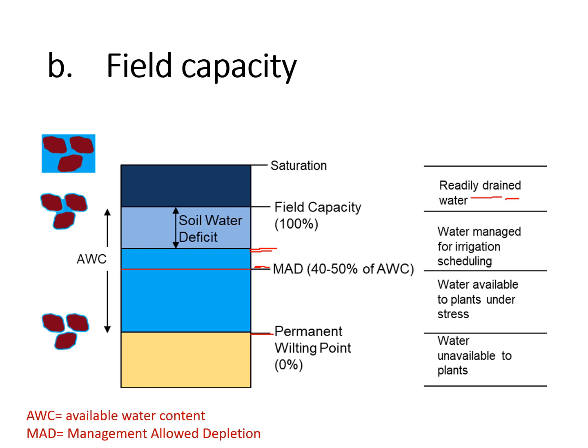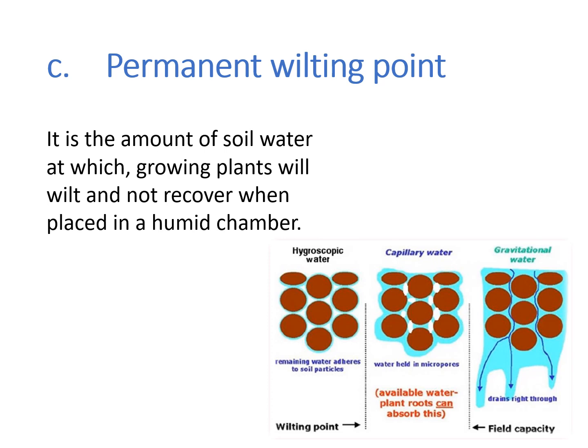Here I want to just mention in this slide that the field capacity is the amount of water when your gravitational water has moved on. Permanent wilting point is the amount of soil water at which growing plants will wilt and not recover when placed in a humid chamber. So this term shows permanent wilting point.